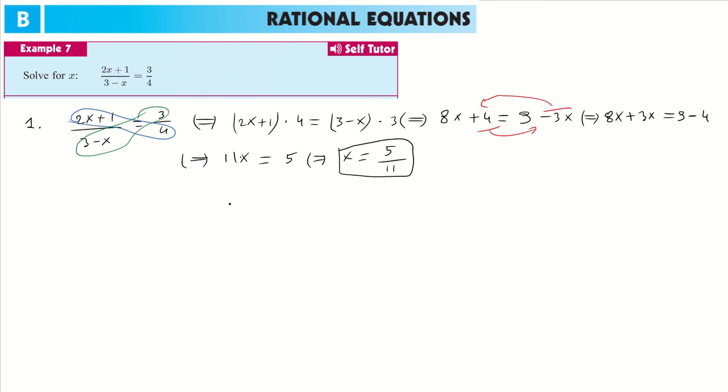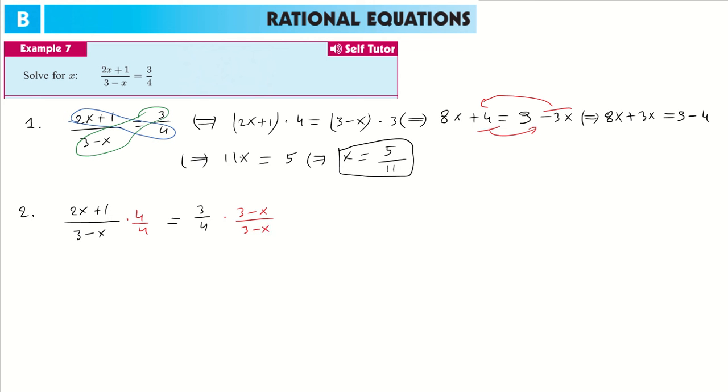Okay. The second method, so we have (2x + 1)/(3 - x) should be equal to 3/4. So what we have to do, we have to go to the lowest common denominator. On the left hand side we have 3 - x, on the right hand side we have 4. So the left hand side we multiply by 4/4, and the right hand side by (3 - x)/(3 - x).